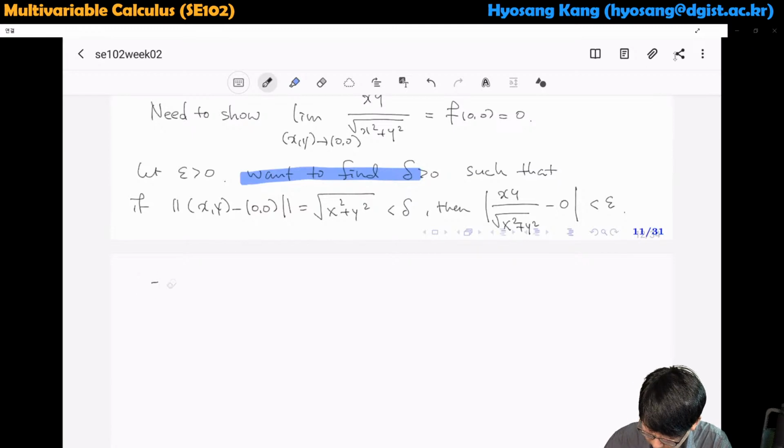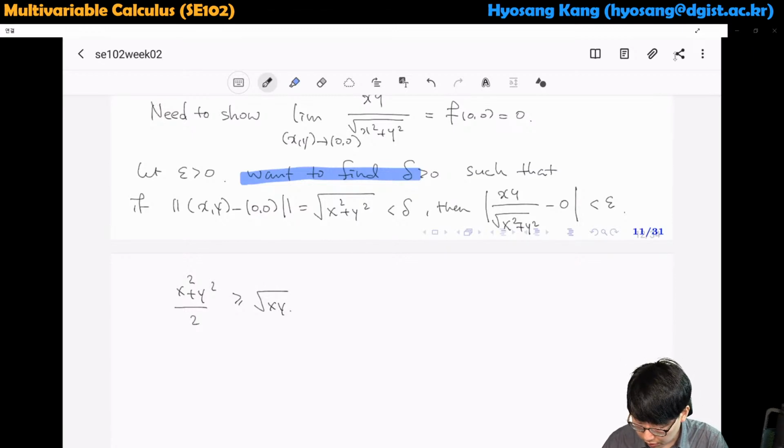Let me think about this one first. When you have (x squared plus y squared) divided by 2, it's always bigger than or equal to what? xy. This is a geometric inequality. Can you see this one? Yes. Okay.